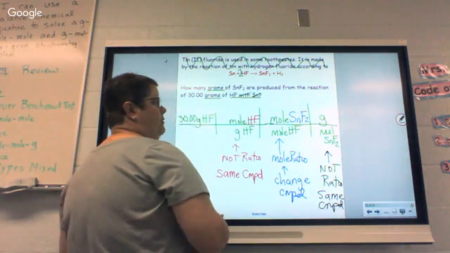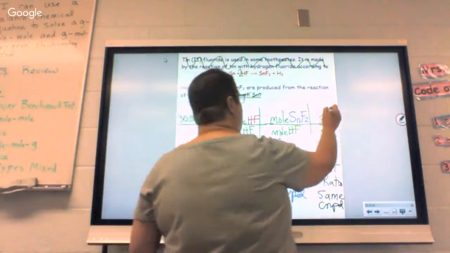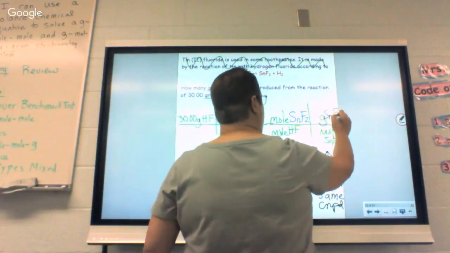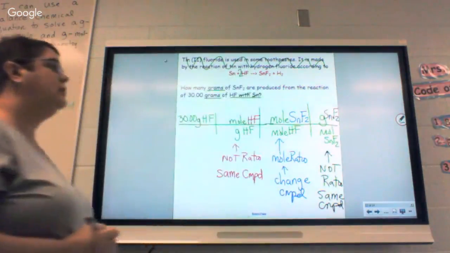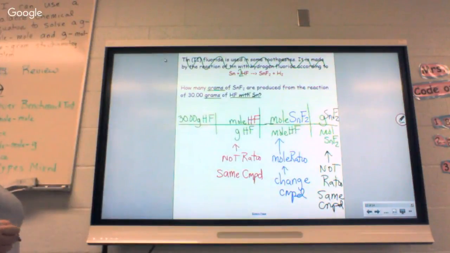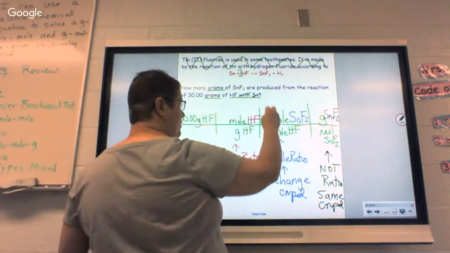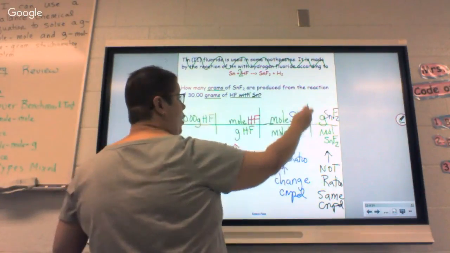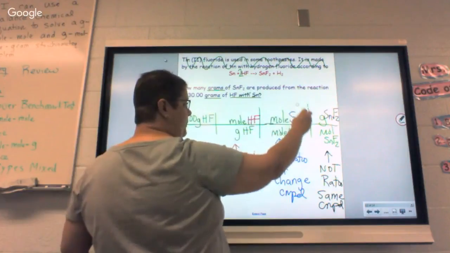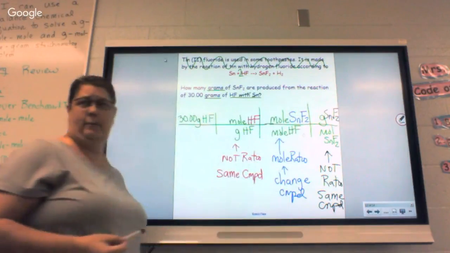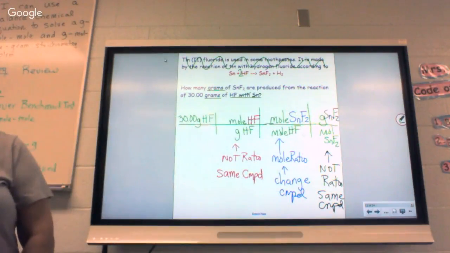What compound is going on top? That's the NF2. So when you look at your chart, the only place that you can have a different compound on top and bottom is in the mole ratio. Where it says moles over moles, that's the only place my compound is different on the top and the bottom. Does everybody see that?